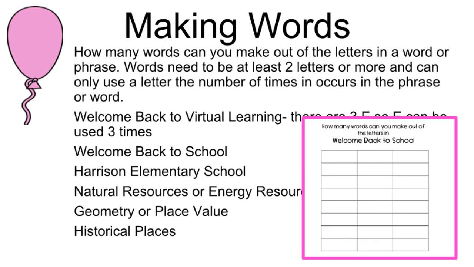You need to make sure the students know that you can only use that letter as many times as it appears in the phrase or the word, and you need to give them a criteria as to how many letters you want in the word. It's the beginning of the year. I always say 2, because when you play Scrabble, 2 is the smallest word you can make with the letters. So I use 2.